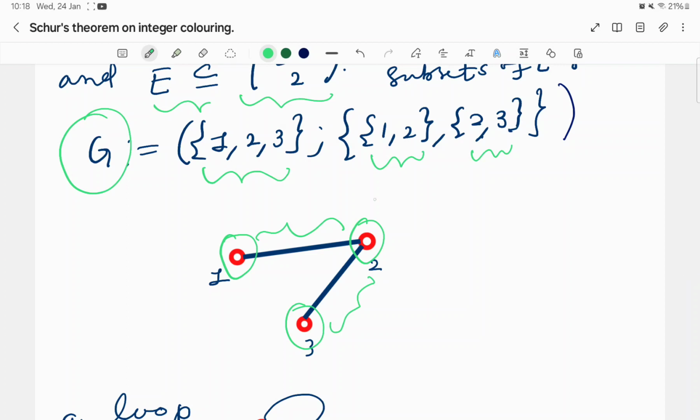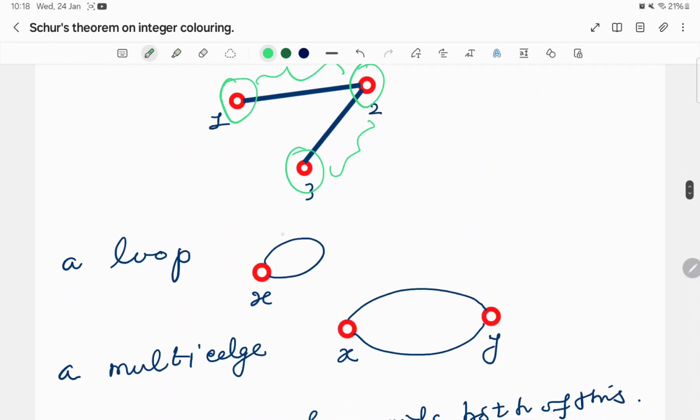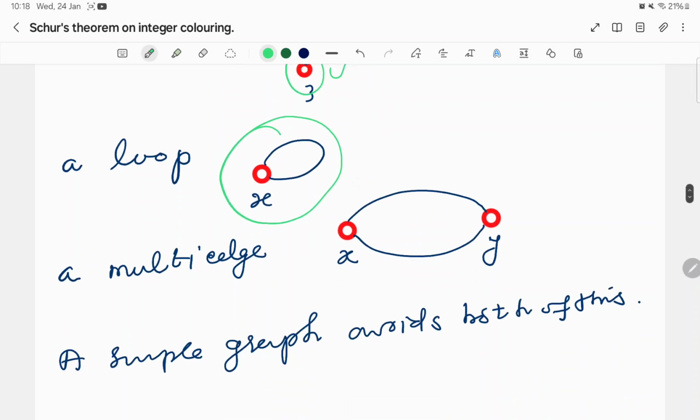This is possible because the graph is simple. What does simple mean? Suppose I consider an edge from one vertex to itself, we call that a loop. In a simple graph we avoid this. Also, between any pair x, y there is at most one edge.